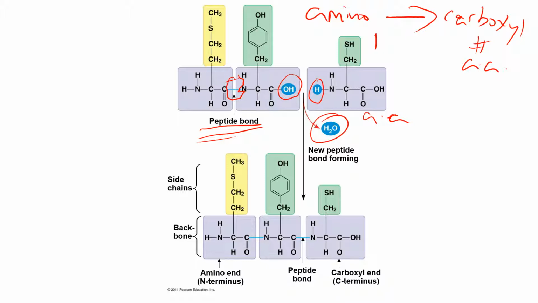So this is a dehydration synthesis. Notice here, the very first amino acid has a free N-terminus, and the last amino acid has a free carboxyl. That's what's meant by N-terminus and C-terminus, your first amino acid and your last.